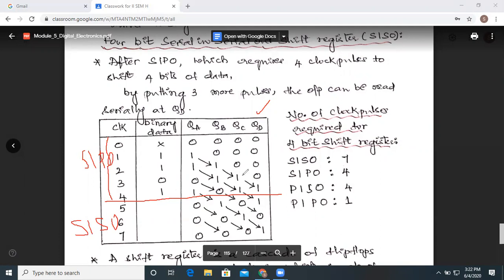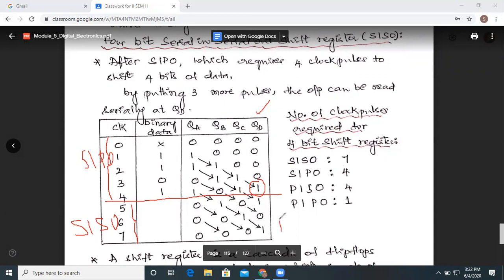In order to get all the bits one by one, it is available at the output of the 4th flip-flop. So we have already got 1 over here. Still 3 more bits that we want. Those 3 bits can be obtained by the application of 3 more clock pulses.